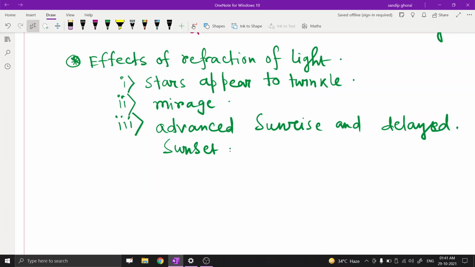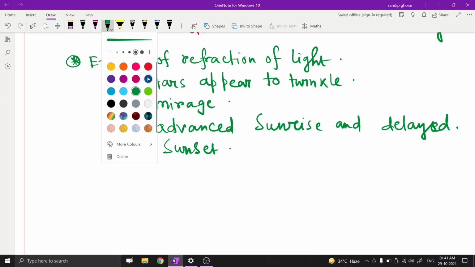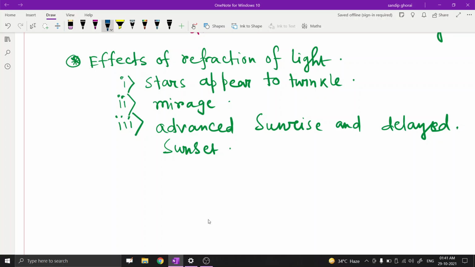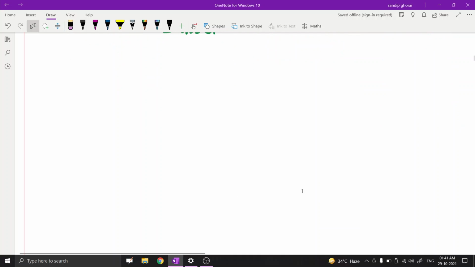Now we take a simple activity. This is your last topic for today's class. If we take a simple rectangular slab, this is an activity based problem.